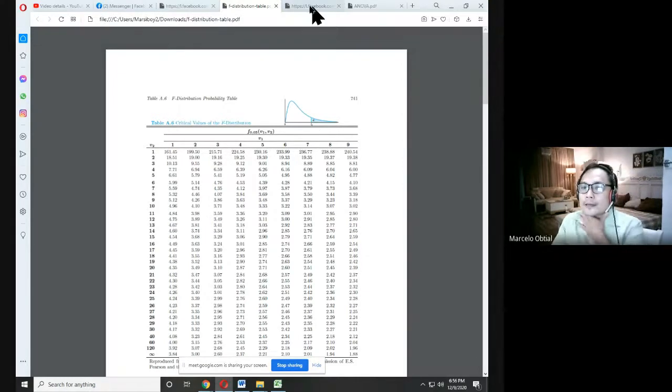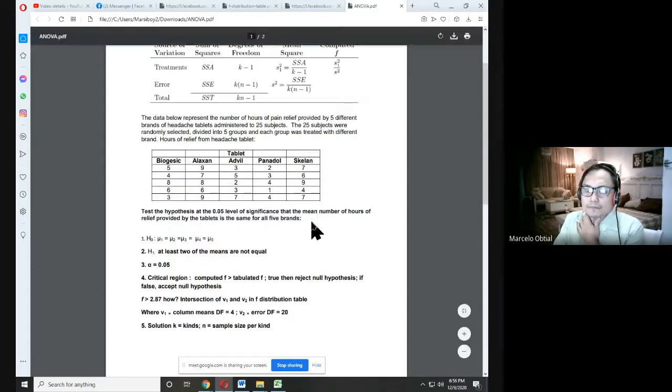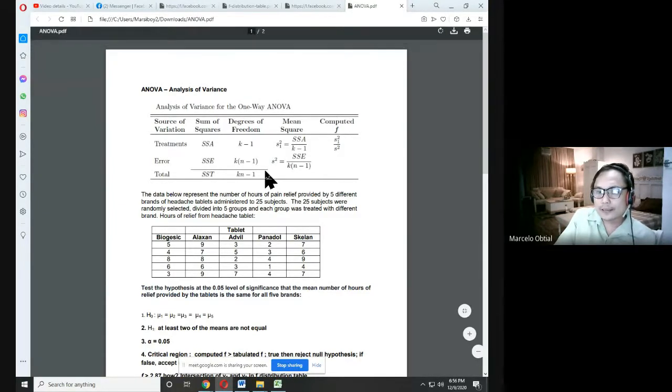Okay? Now the question is, paano hanapin yung value sa loob? Okay? We need the value of v sub 1 and v sub 2. So paano? Okay? We need to look in our table. Ito yung formula natin, class, no? Okay? Ito yung formula natin. So ang v sub 1 natin is usually nandito, okay, first, no?